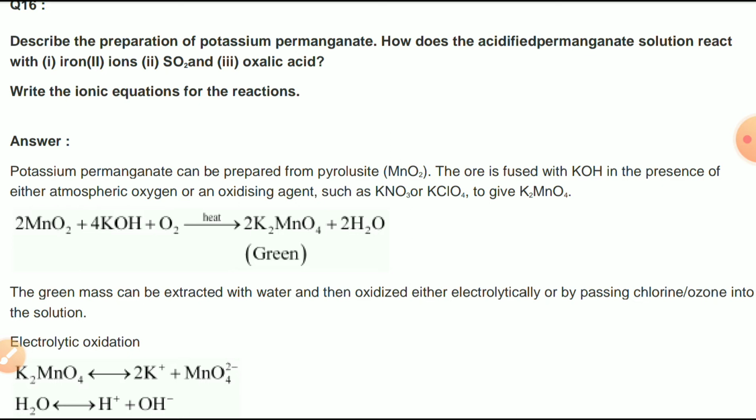The ore is fused with KOH in the presence of atmospheric oxygen or an oxidizing agent such as KNO3 or KClO3 to give K2MnO4, potassium manganate, that is 2MnO2 plus 4KOH plus O2.